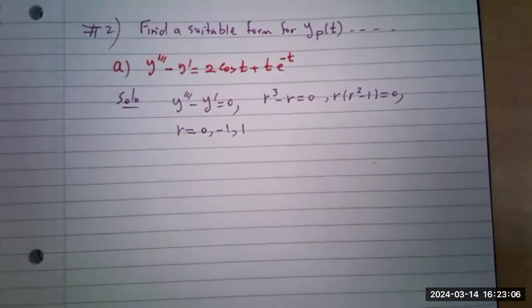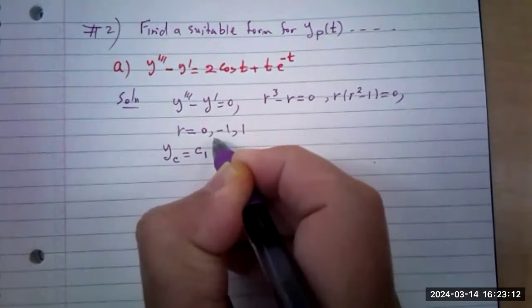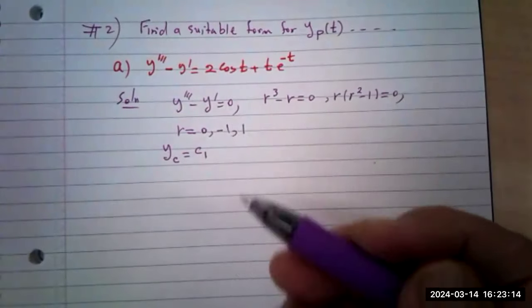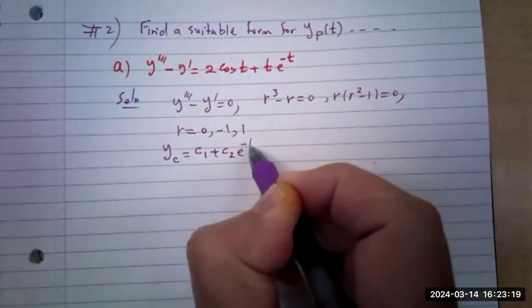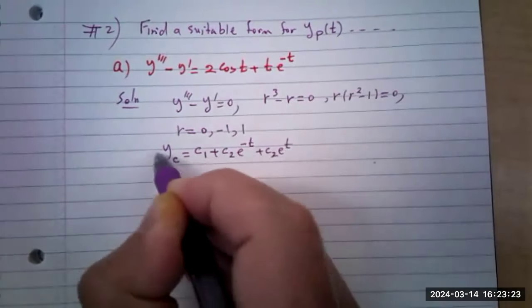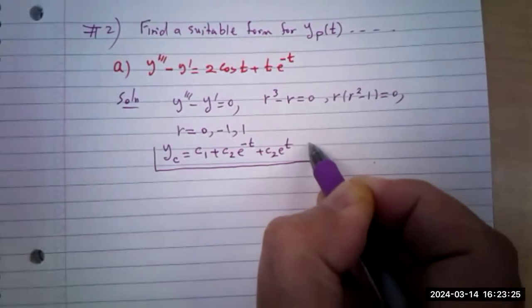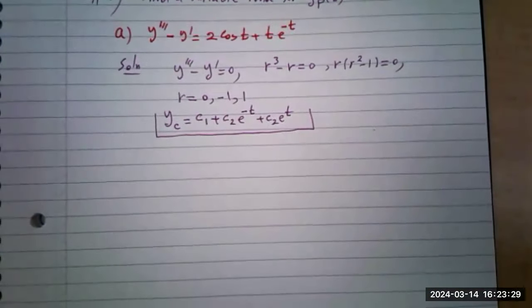So you have three solutions, and they are not repeated solutions. So you can declare the yc. Yc is going to be c1 e to the 0, which is just c1, plus c2 e to the negative t, plus c3 e to the t. So that would be your yc. Any question? E to the 0, usually you don't write it down.